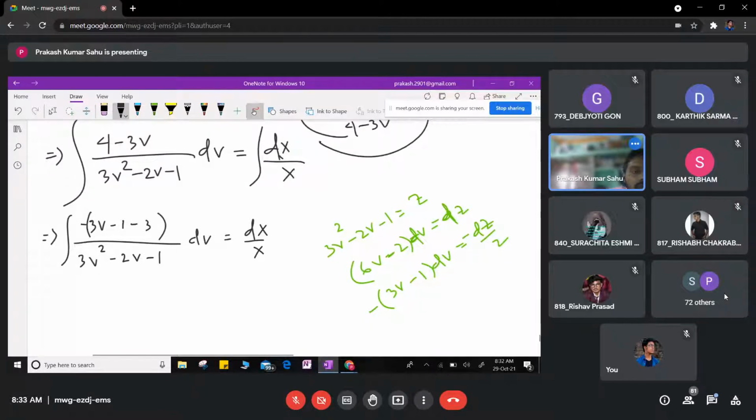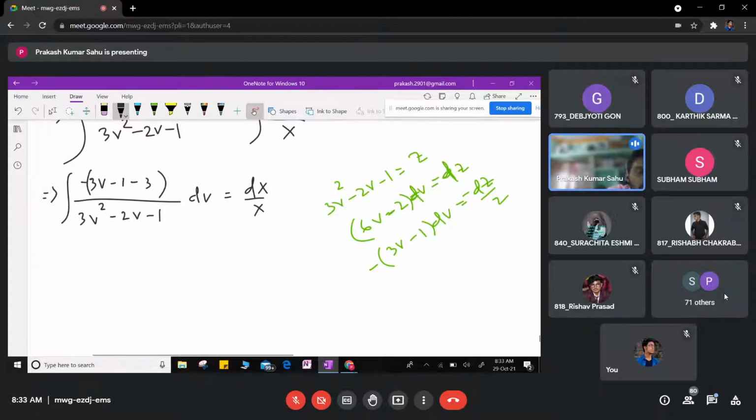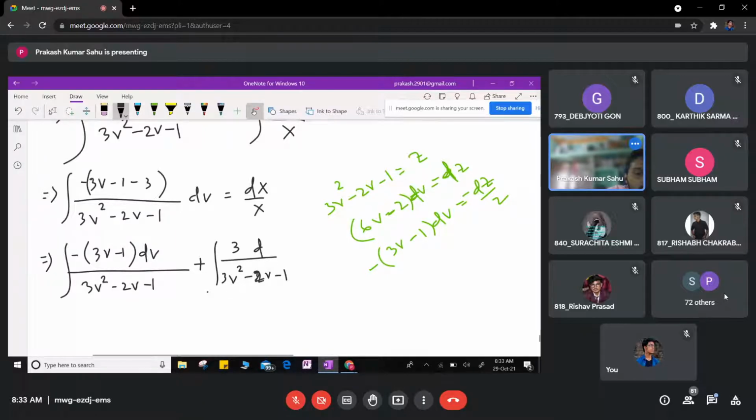Is it correct? Okay, so now again you can write this is minus 3v minus 1 dv divided by 3v square minus 2v minus 1 integration, then minus minus plus 3 divided by 3v square minus 2v minus 1 is equal to dx by x.